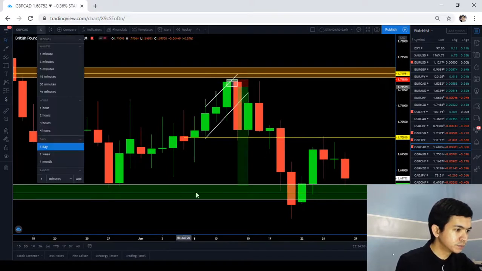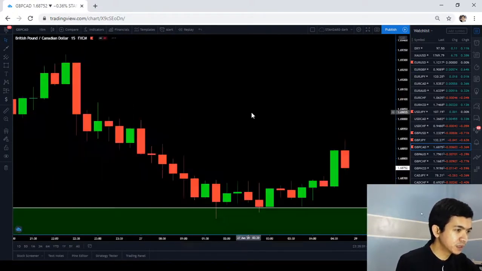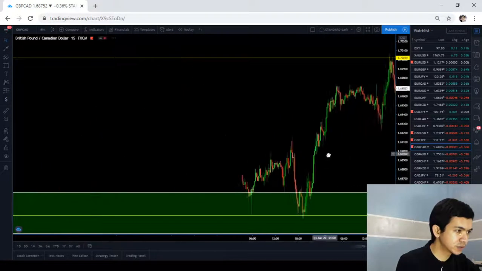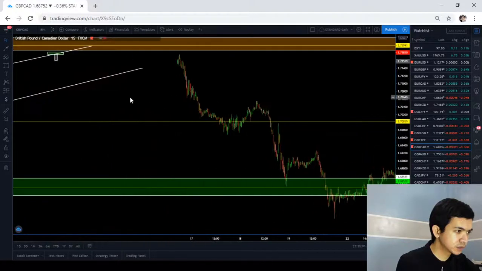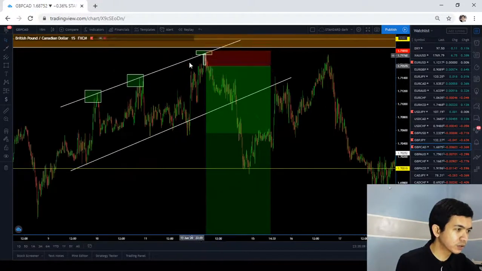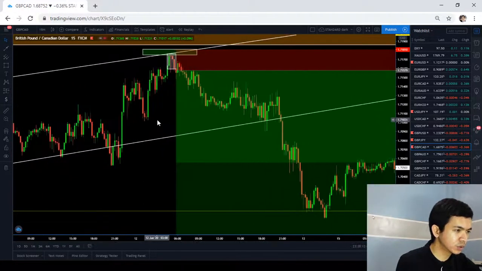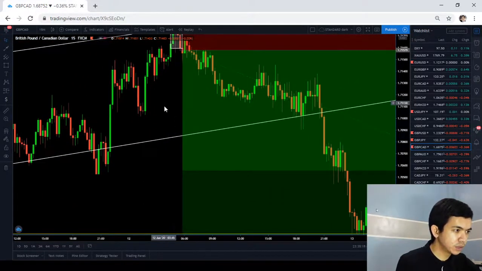We have set our TP. Back to our entry time frame, like for example here, 15 minutes. Again, we are on a third touch from a 1, 2, 3 touch reversal rule. Okay.